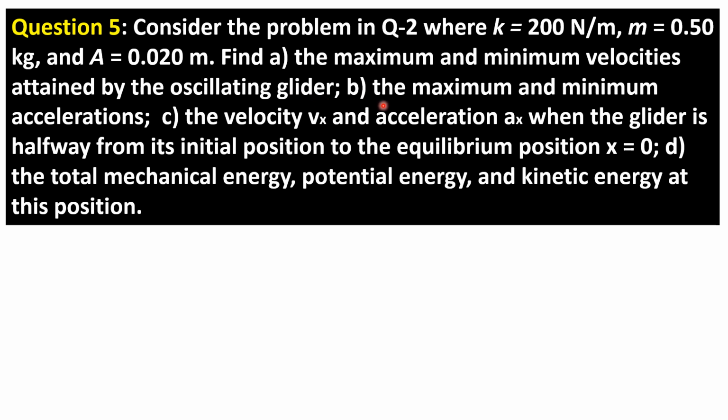Letter B, the maximum and minimum accelerations. Letter C, the velocity vx and the acceleration ax when the glider is halfway from its initial position to the equilibrium position x equals 0. And question letter D, find the total mechanical energy, the potential energy, and the kinetic energy at this position.